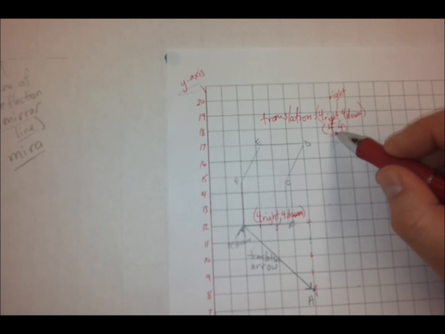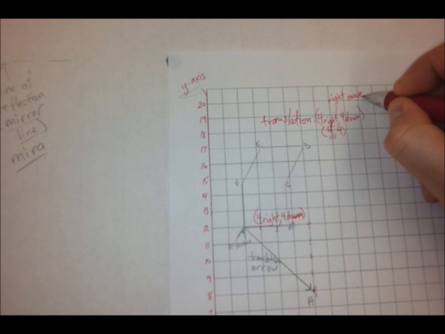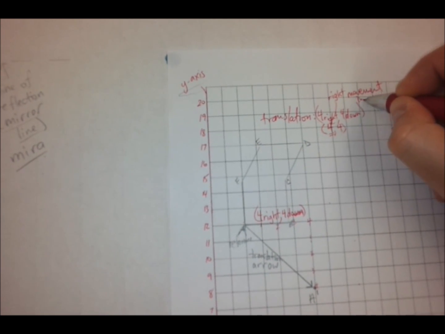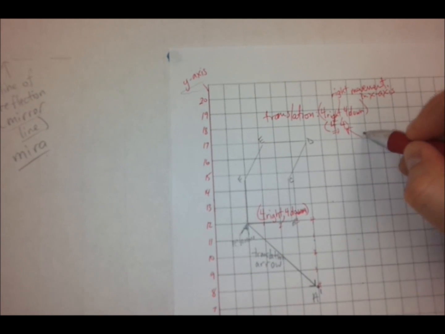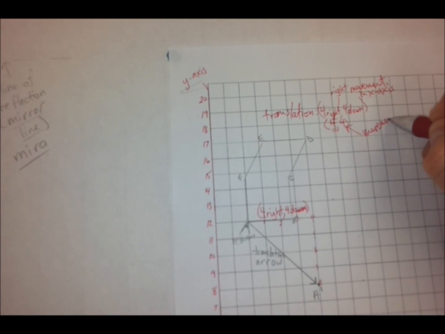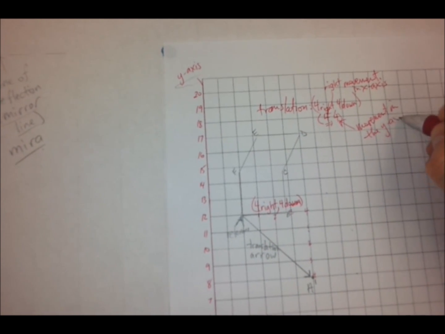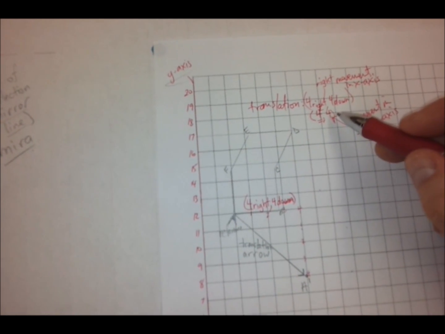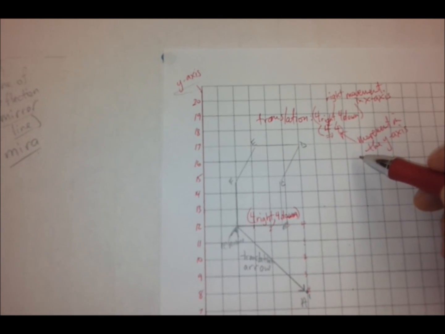So this number describes movement in the x-axis. And the second number describes movement in the y-axis.